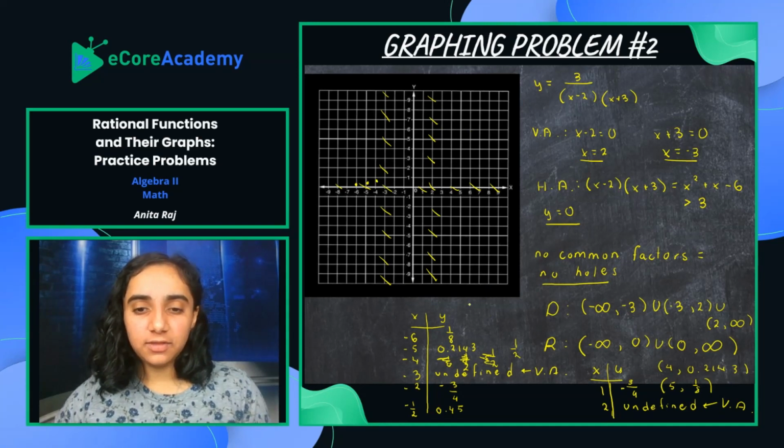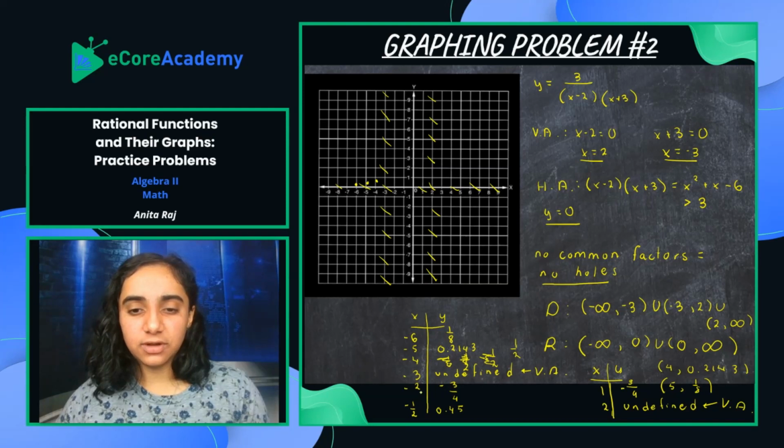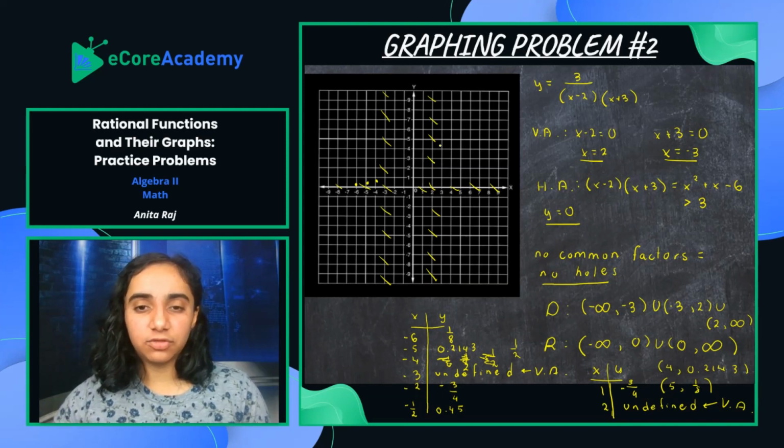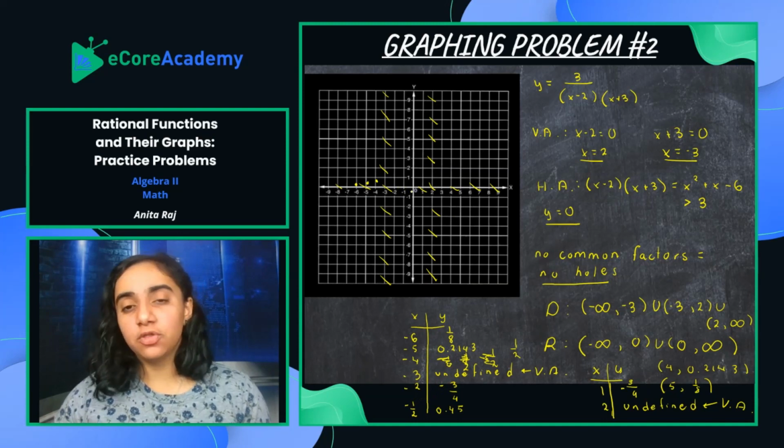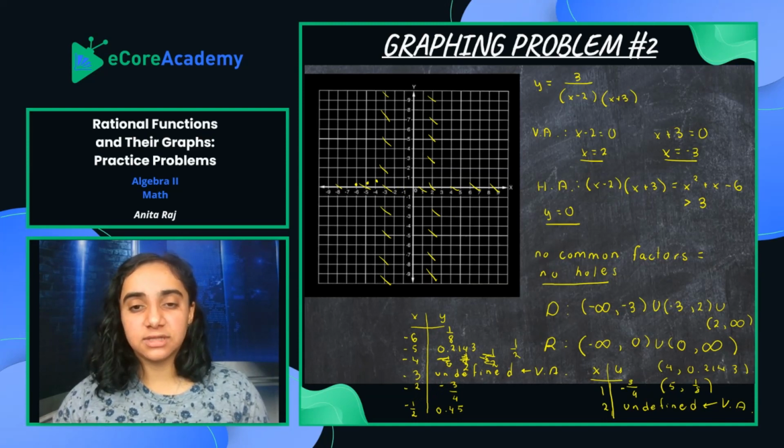So 1/2. Then we have our vertical asymptote, and then negative 2, negative 3/4 as our next point. As you can see, it drops down below the y-axis, so that's where we get the second curve. Then we have negative 1/2, which is about 1/2.